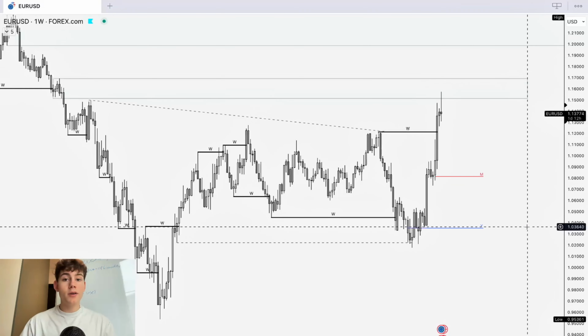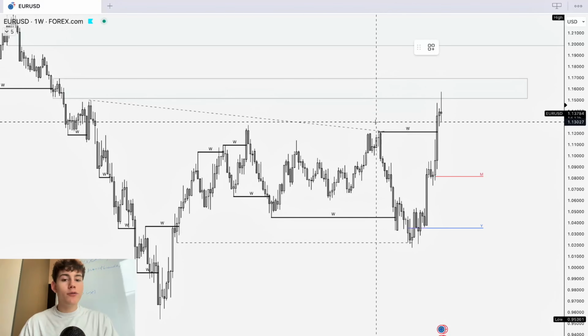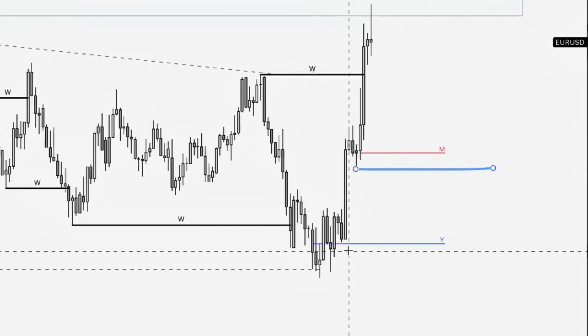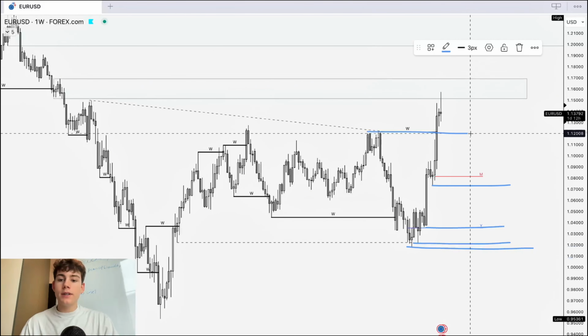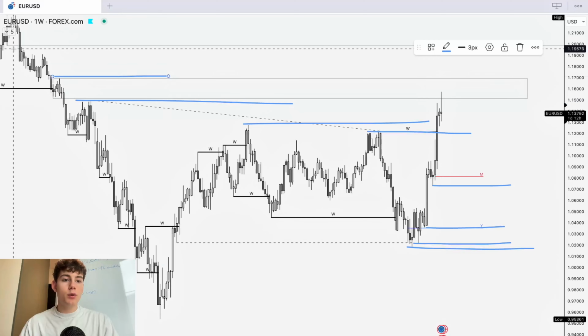So let's talk about our first form of liquidity, which is trendline liquidity. First of all, liquidity is located above every single high or low. So under this low, under this low, under this low, under this low, above this high, above this high, above this high, above these highs.